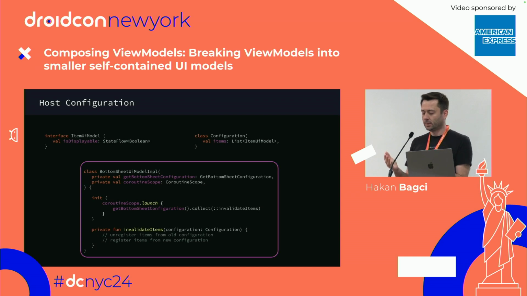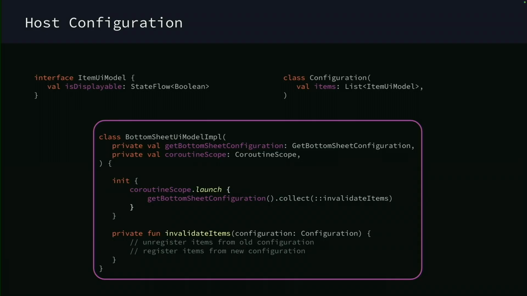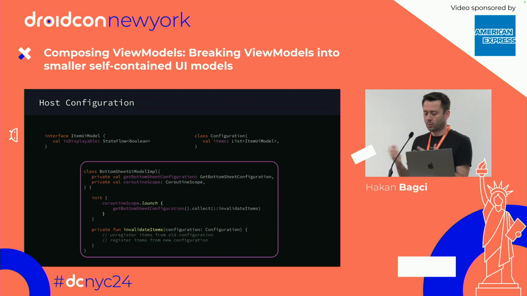Please note that an item UI model can be registered by a configuration, but it still controls its displayability by itself because we have the item UI is displayable field there. Even if it's registered, it can communicate whether it's displayable or not to its host. The host UI model's responsibility is just collecting displayable items in the current configuration and publishing them to the UI as its current state. So now, in bottom sheet UI model, we don't have direct references to any microfeature, but we are doing it through an interface, which is an item UI model.